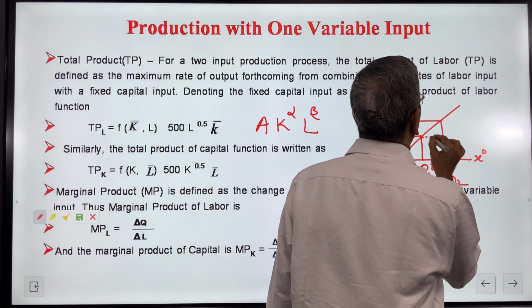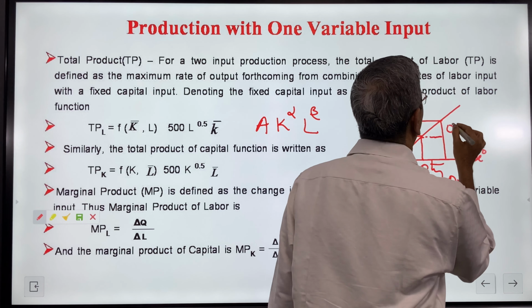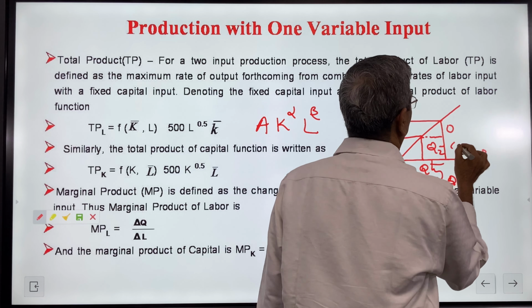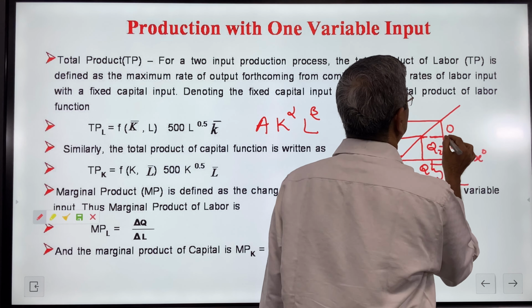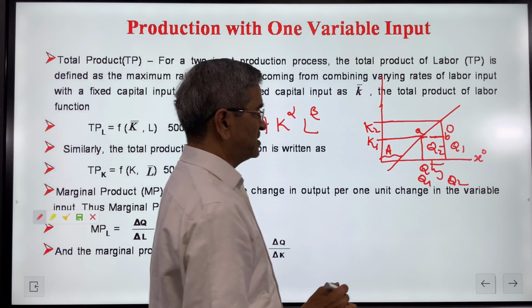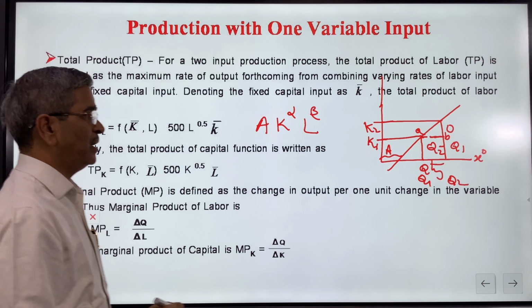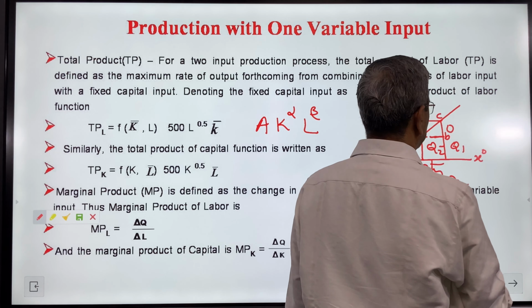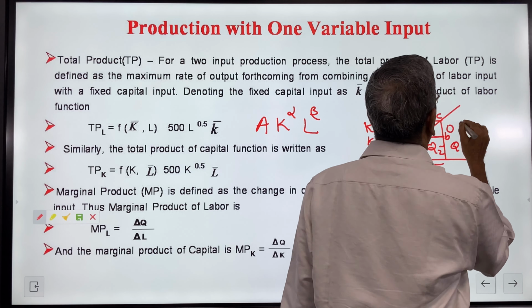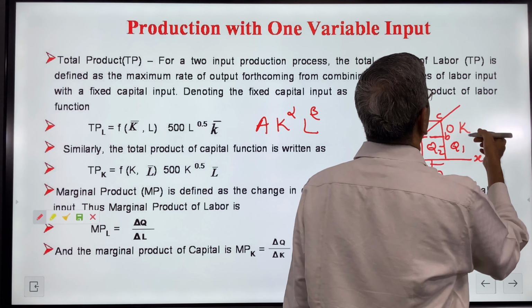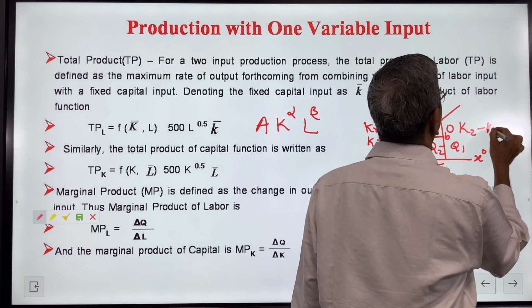So this is Q2 minus Q1. This is called the change. Let us say this is A and this is B. This distance is called Q2 minus Q1, and this distance, this is C, let us say. This distance we call K. It is K2 minus K1.